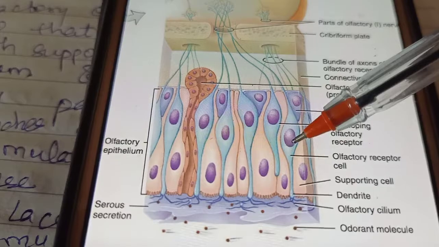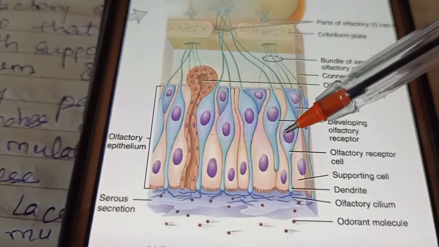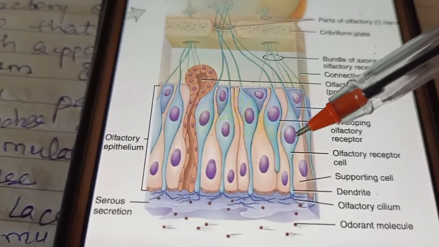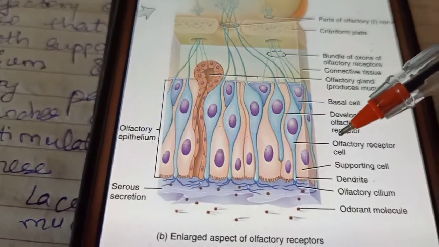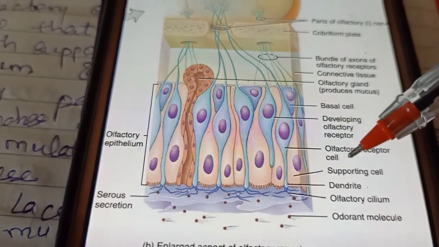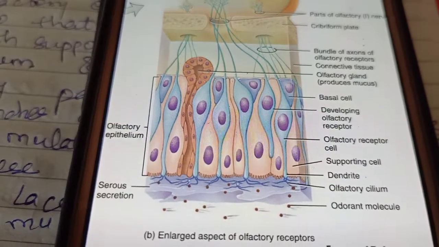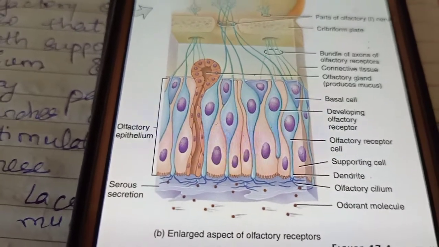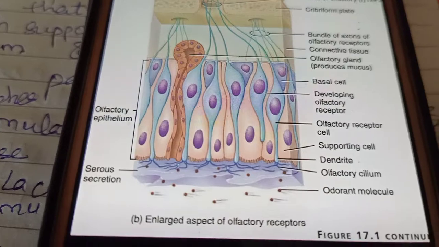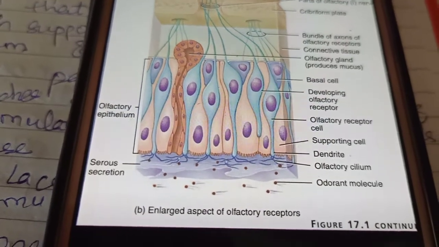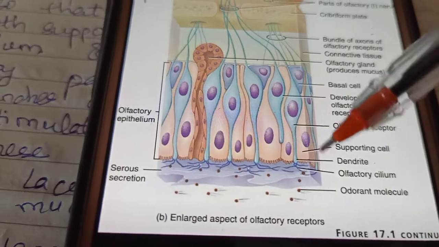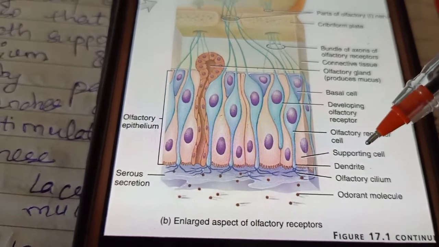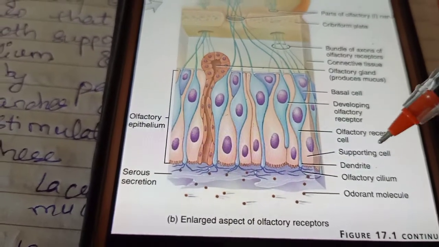They give support, nourishment and electrical insulation or protection to the olfactory receptor cells. And they also help to detoxify chemicals which are very toxic, so the toxicity is reduced when they come in contact with the olfactory epithelium. Okay, so these are the supporting cells.